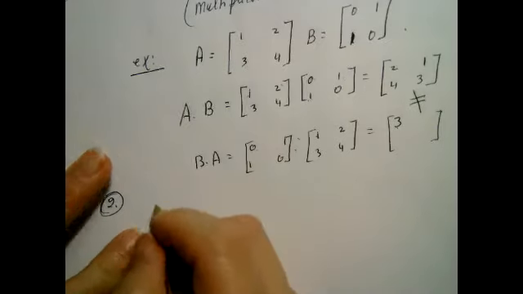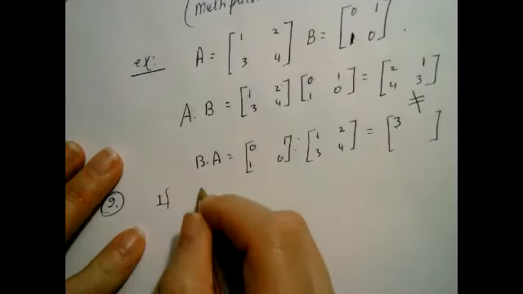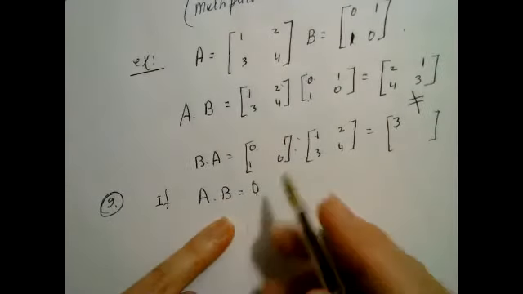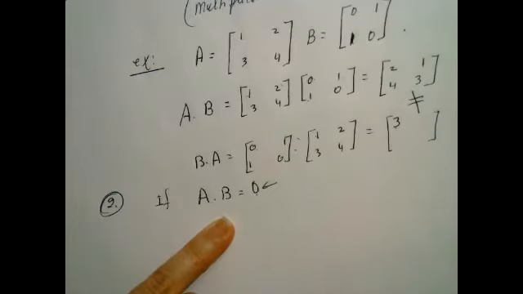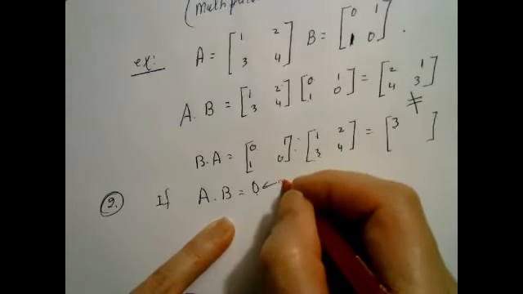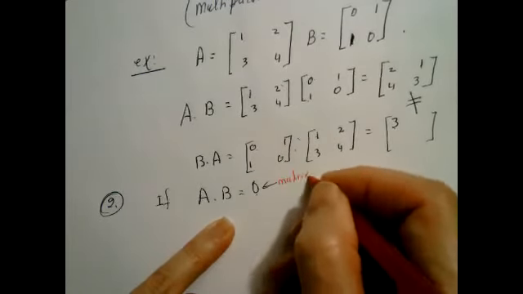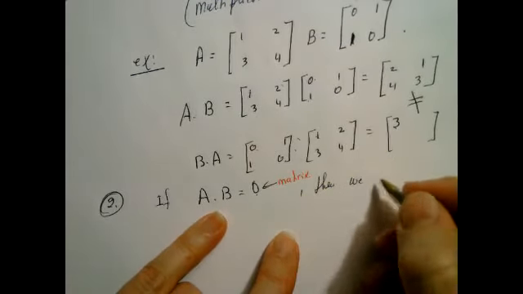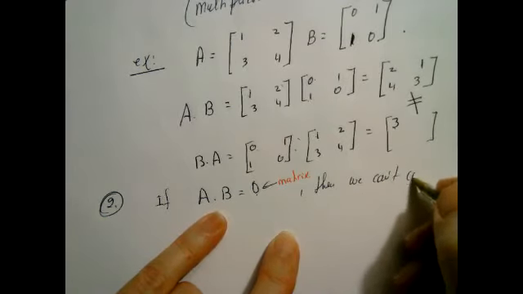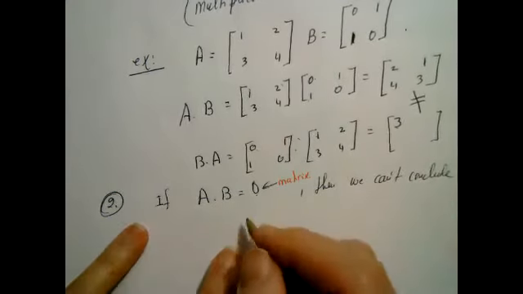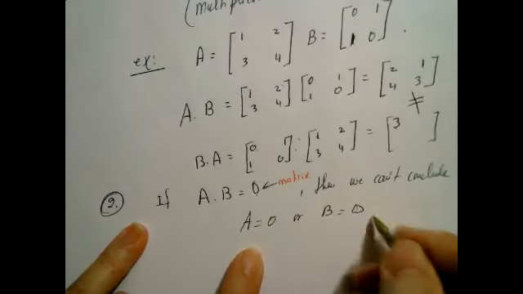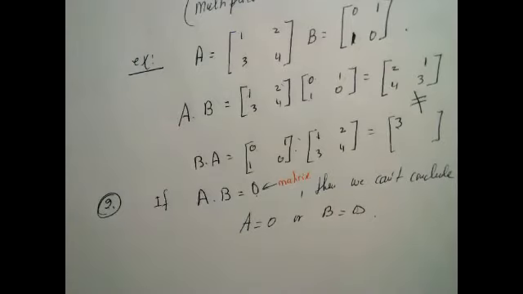So in general, if you have two matrices, if the product is 0, remember, that's the 0 matrix, not the 0 number, then we cannot conclude, in general, that A is 0 or B is 0. So we can multiply two matrices, neither one is a 0 matrix, but the product could be 0.